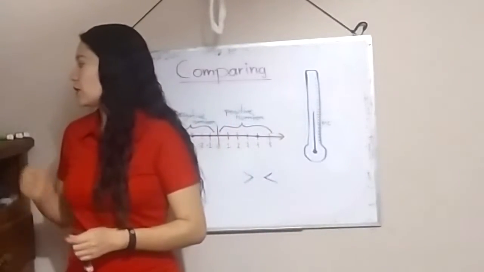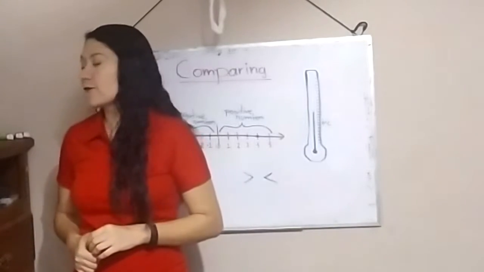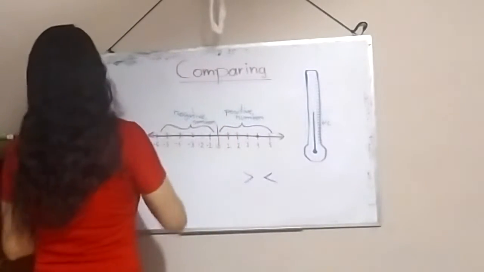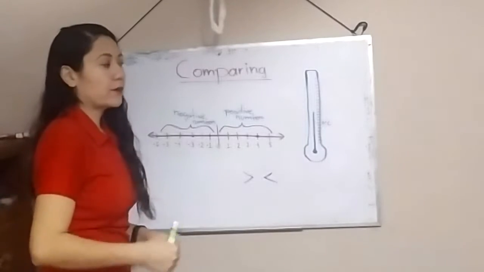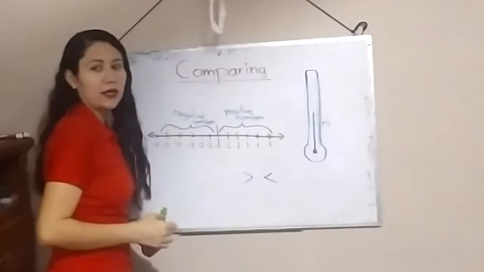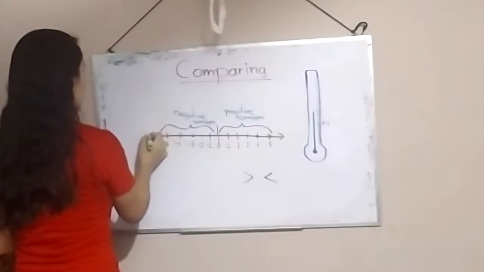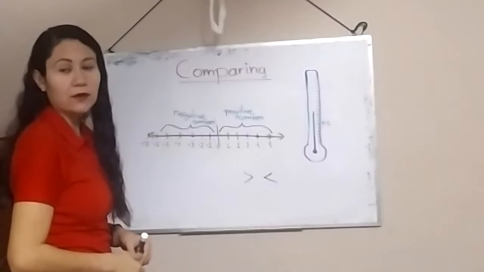So, we have as an example comparing 5 and negative 7. Let's use another color. We have 5, which is located in here, and negative 7, which would be to the left of the 0.